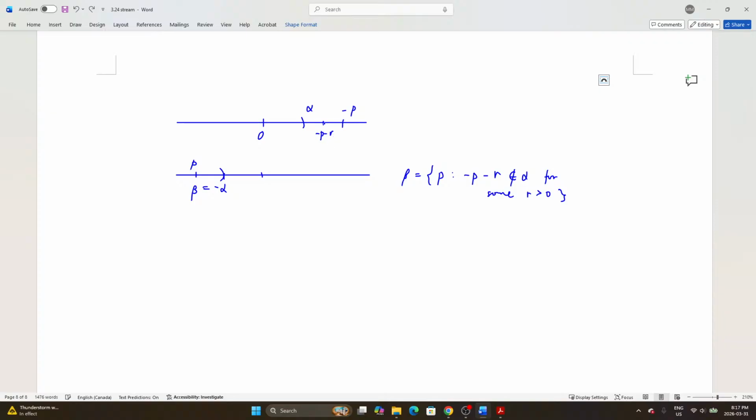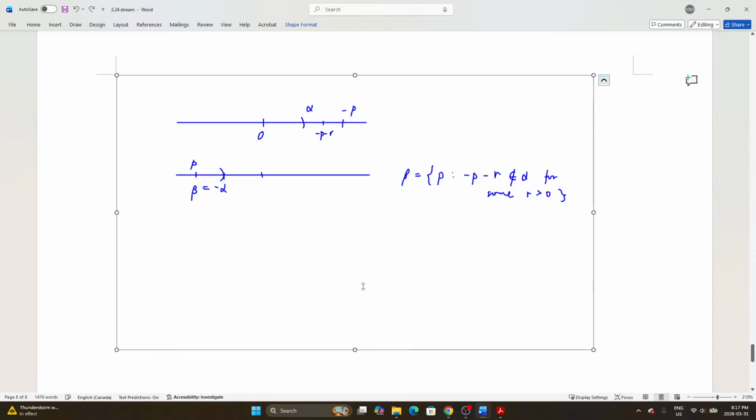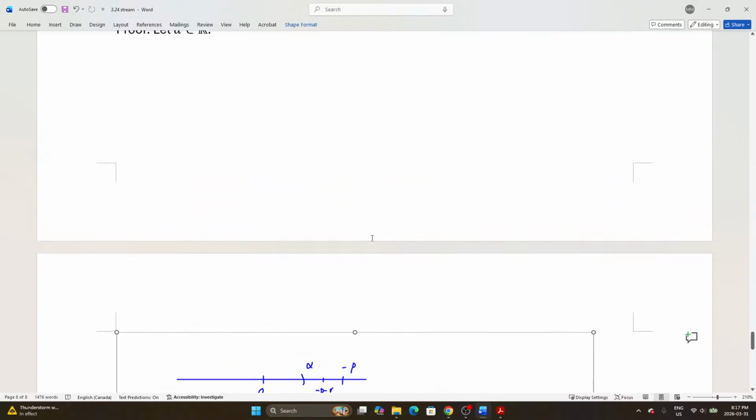You can always squeeze a point between the endpoint of alpha and minus P. This way, it ensures that minus P is not an endpoint of alpha. So that's our definition for the negative, and we hope that it will satisfy our desired property.